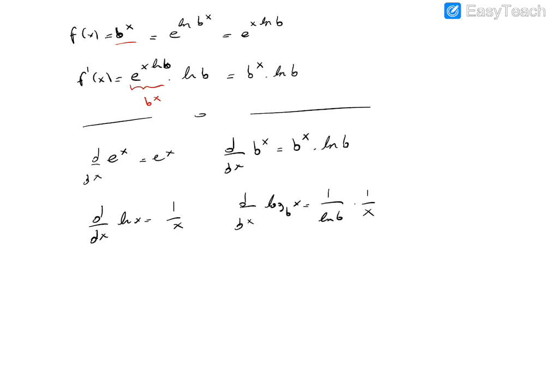I have a remark here because commonly you make that mistake. The derivative of e to the power x or b to the power x is not x times e to the power x minus 1. Or the derivative of b to the power x is not x times b to the power x minus 1. Please be careful.